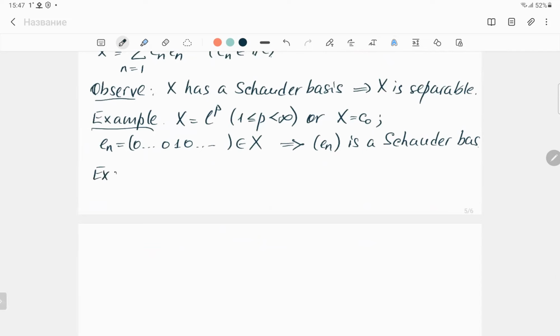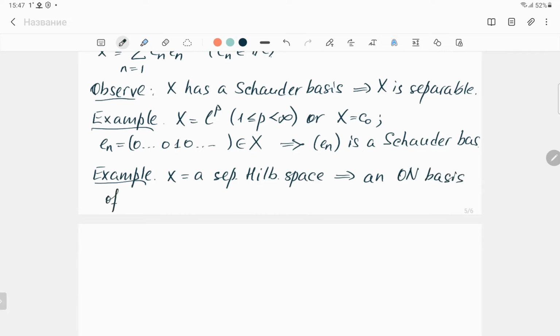The next example is actually a special case of this one. Namely, if H is a separable Hilbert space, then each orthonormal basis of H, we know that it is at most countable, is a Schauder basis. This is immediate from the definition of an orthonormal basis.